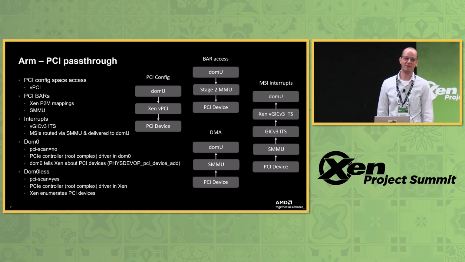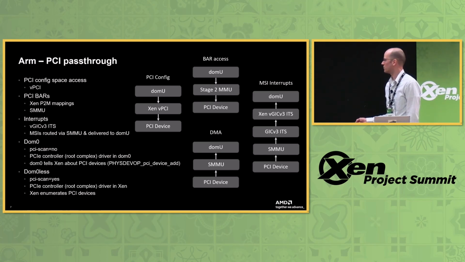Now, when the PCI device wants to do DMA, we go the other way. The AXI transaction passes through the SMMU. The SMMU can identify which PCI device it came from based on the AXI sideband data, and then do the proper P2M translation, and then it's available for the DomU.